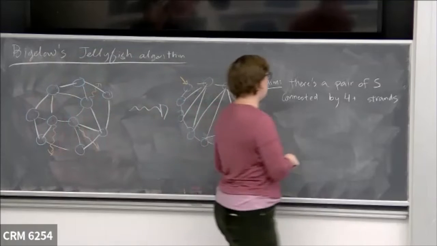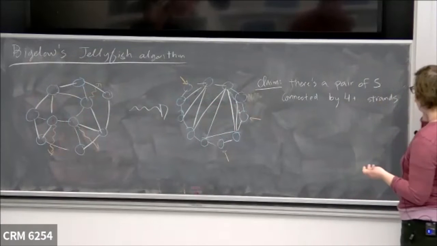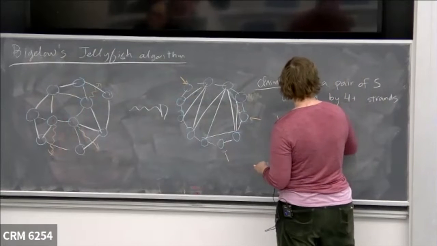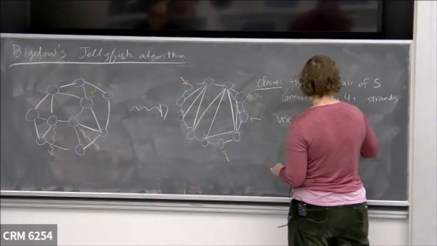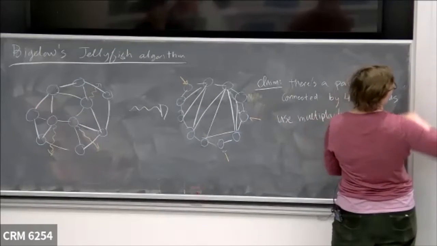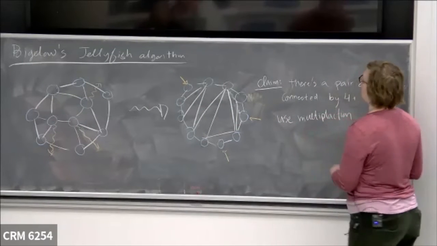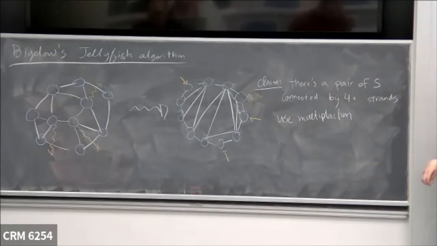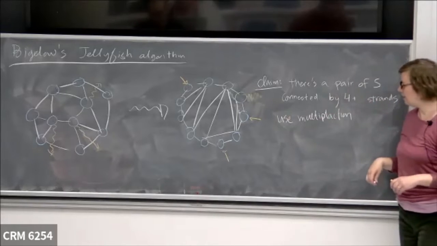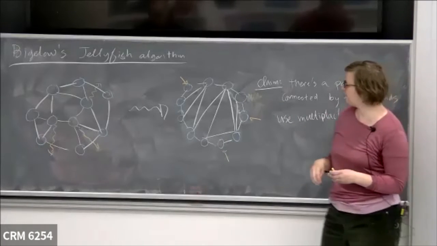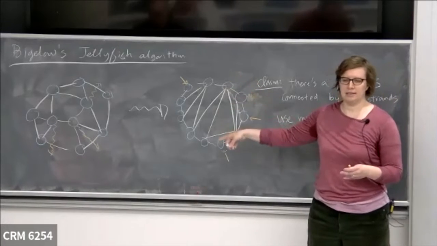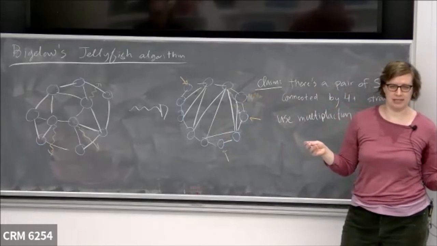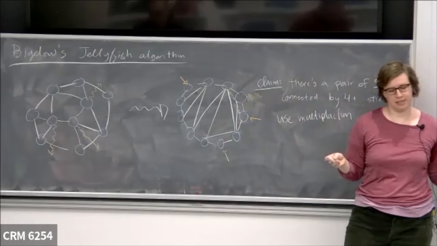So we identify this pair of S's connected by 4 or more strands, and we use our multiplication relation. It's relation 3 up there that says that we can cancel out a pair of these and replace them by a Jones-Wenzl idempotent. We do that, and then we have again something that looks like this: a polygon, fewer copies of S around the outside, a bunch of data of the connection.